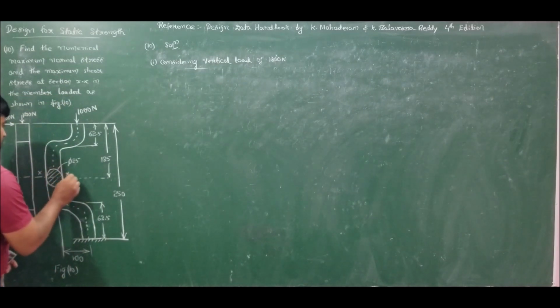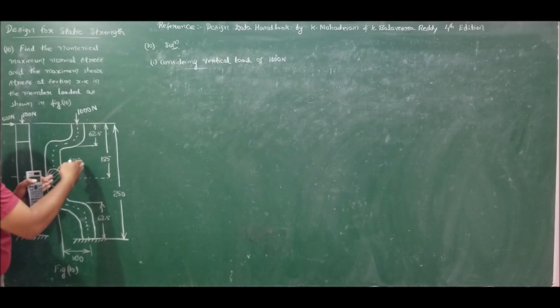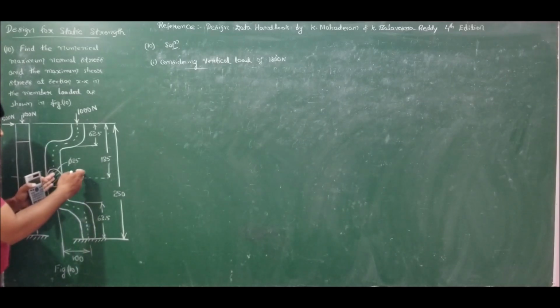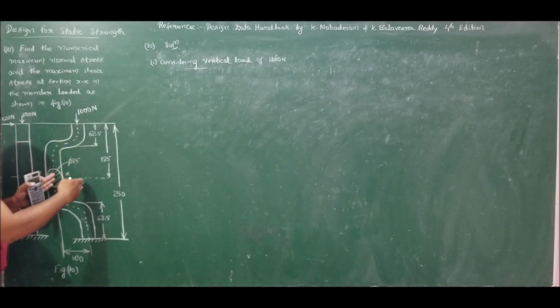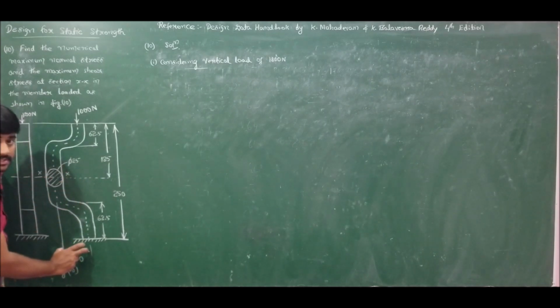For this section, 1000 Newton is acting here and the section is here, so clearly it is eccentric loading of the specimen. This is somewhat similar to the problems we solved in our previous lecture, problems number 8 and 9, on clamps. The line of action of the 1 kilonewton force is passing here, where the specimen is, and we have an eccentricity of 100 millimeters.